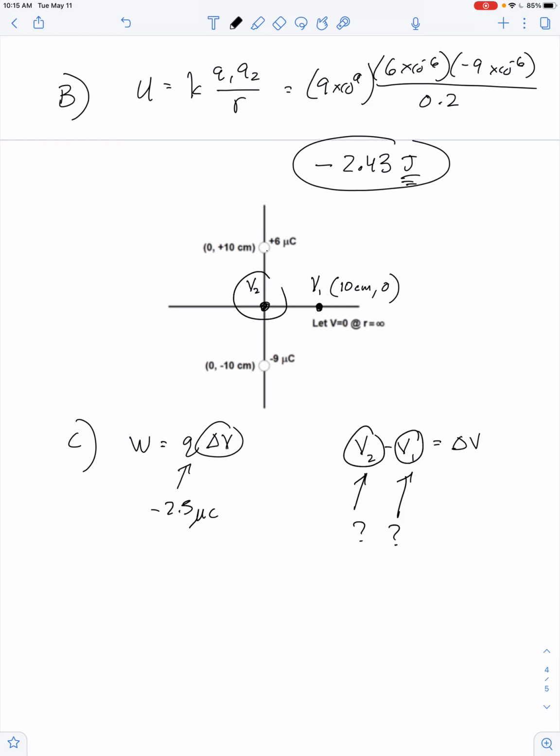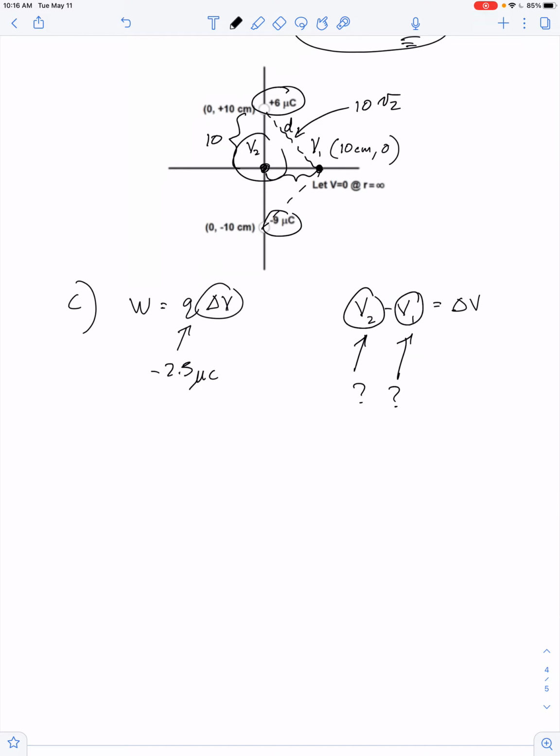Well, from the symmetry, the distance from our positive charge to this point is the same as the distance from the negative charge to that point. If this is 10 centimeters and this is 10 centimeters, then this distance here, which I'll call d, is 10 root 2.